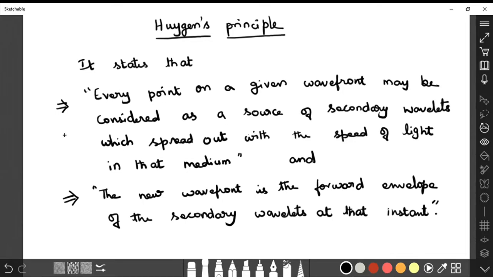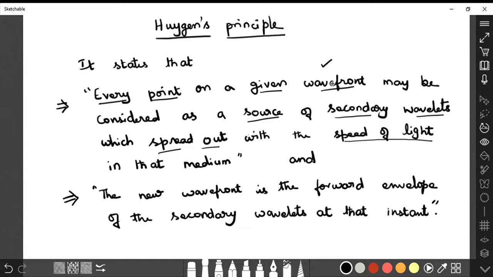Huygens' principle states that every point on a given wavefront may be considered as the source of secondary wavelets which spread out with the speed of light in that medium. In the previous video we discussed what is meant by wavefront and its types.